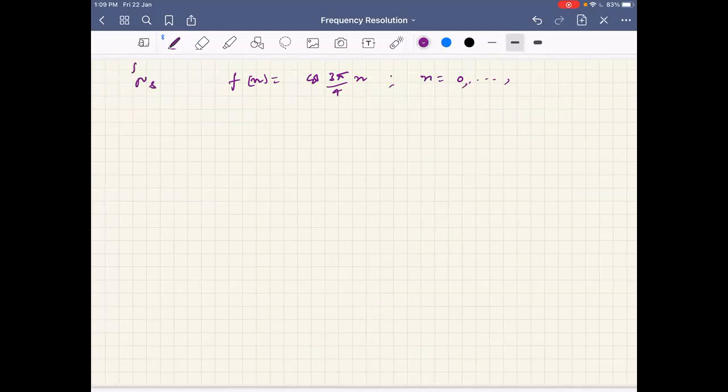We have f of t, and we have Ns equal to 800. With this Ns of 800 we discretized and got f of n. And from here I took n equal to Ns. This is case 1.